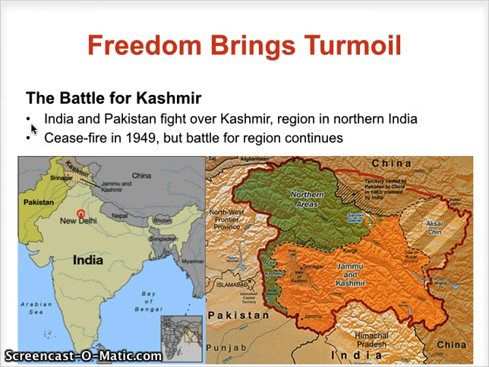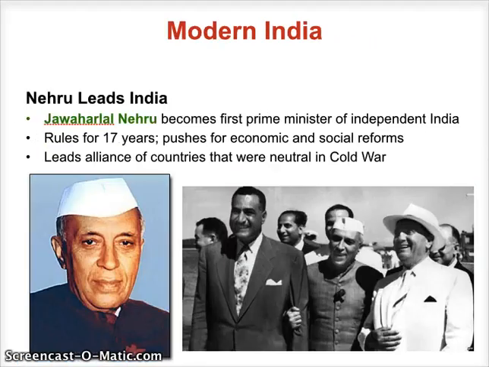But the majority of the population was Muslim, so Pakistan believed it belonged to them. They immediately started fighting over this region. In 1949, the UN steps in and demands a ceasefire. That means no more war or battling. But it hasn't really helped. We still have random outbreaks of violence in this area today.